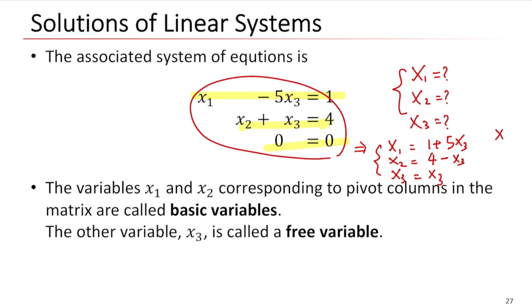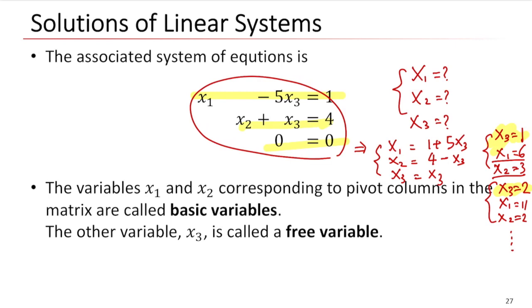What does that mean? If we just say that x3 is equal to 1, x1 should be 6, x2 should be 3, something like this. And if x3 is equal to 2, x1 should be 11, x2 should be, what is that, 2, something like that. So it means that as we vary the variable x3, we can determine so many solutions of x1 and x2, right?